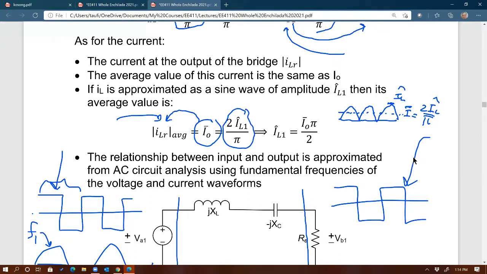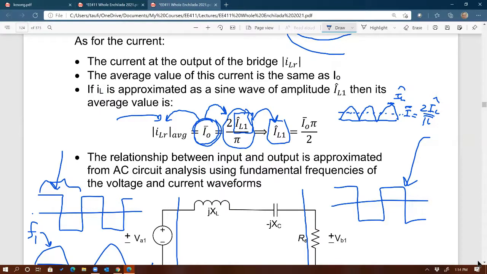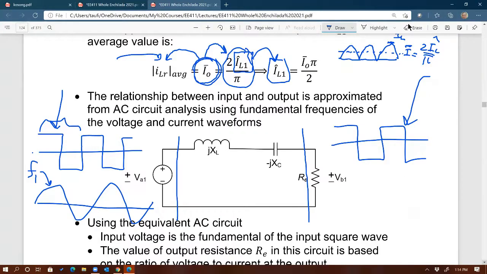That's why the average value of the rectified current, because it's assumed to be a sine wave, is equal to 2 times its peak value divided by pi. So if I solve for the peak value, that peak value is equal to I out average times pi over 2. So that's how we set up the model here to approximate the output voltage.